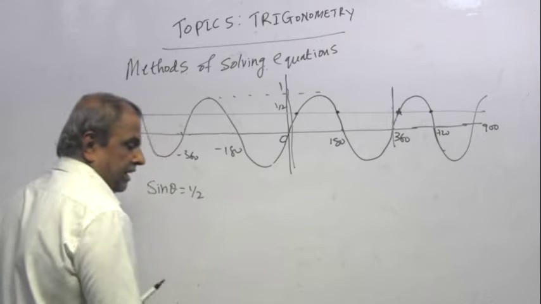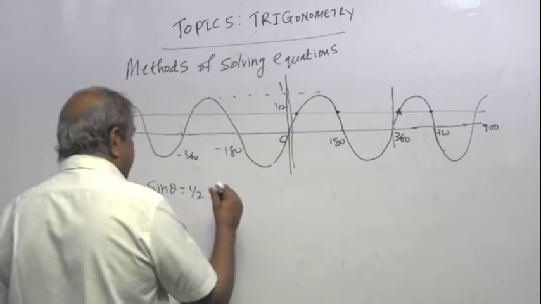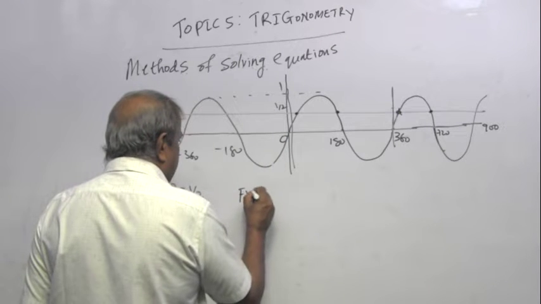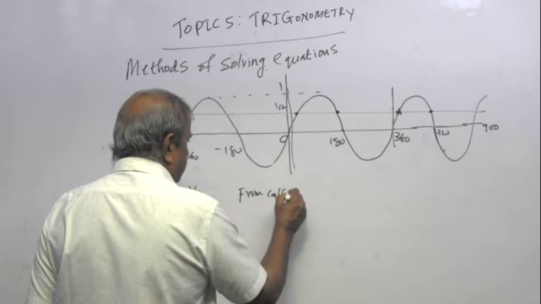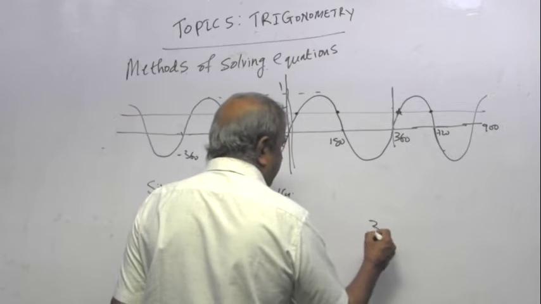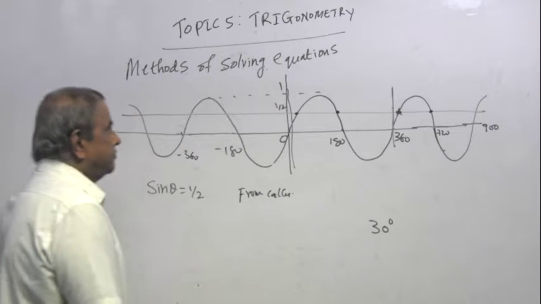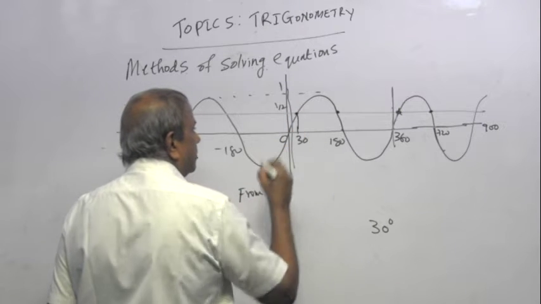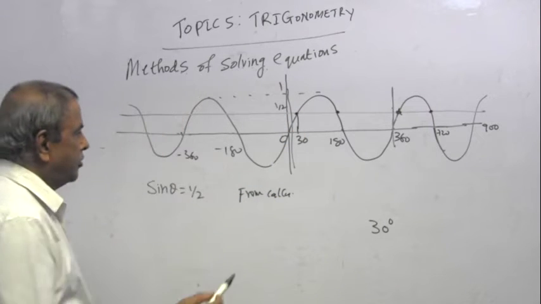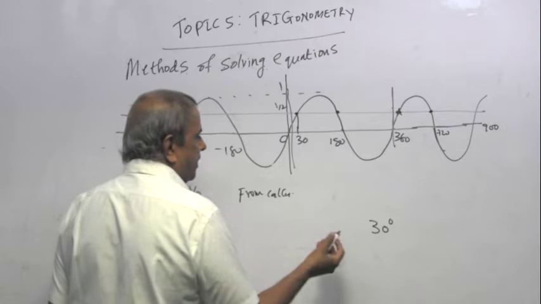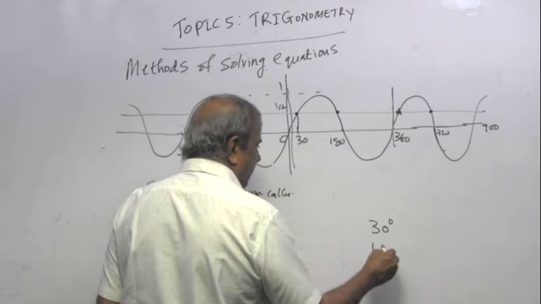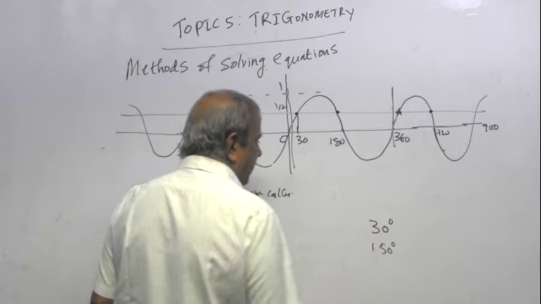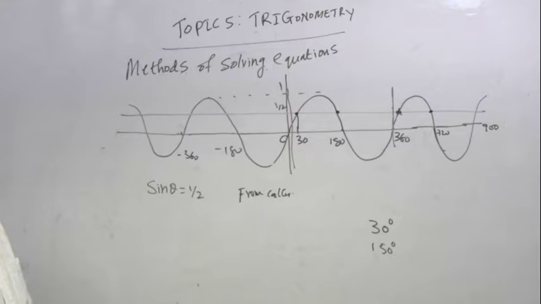Let's take a calculator and see how it works. Sin theta is half. From the calculator, you know the answer is 30 degrees. So that's one. Try to do sine 150. You will see sine 150 is also half.